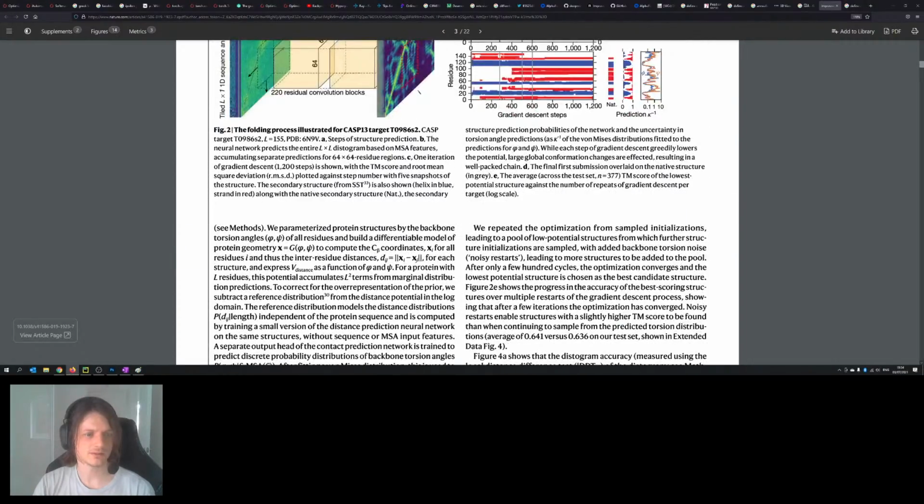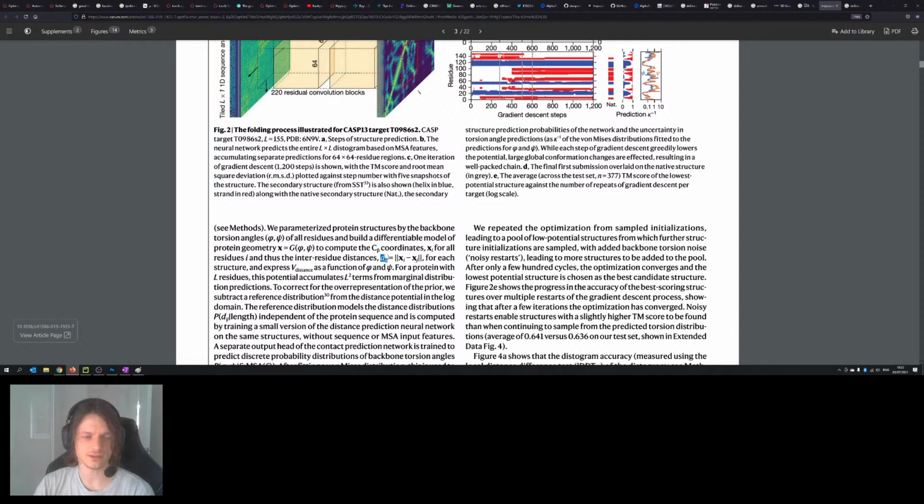So we parameterize protein structures by the backbone torsion angles, phi and psi, of all residues and build a differentiable model of protein geometry, x equals G as a function of phi and psi, to compute the C beta coordinates xi for all residues i, and thus the inter-residue distances dij.